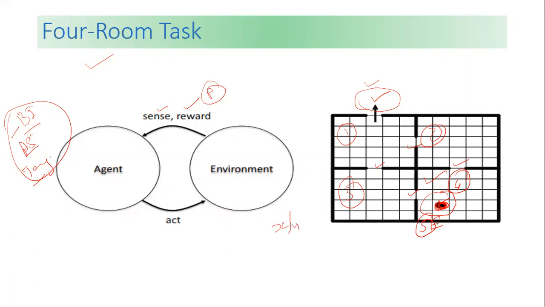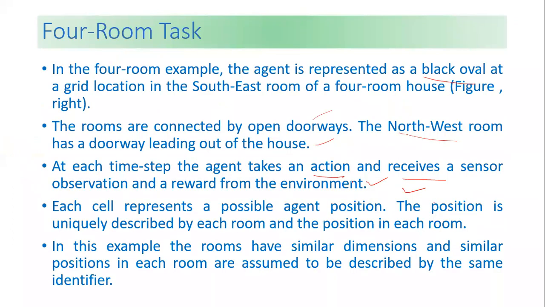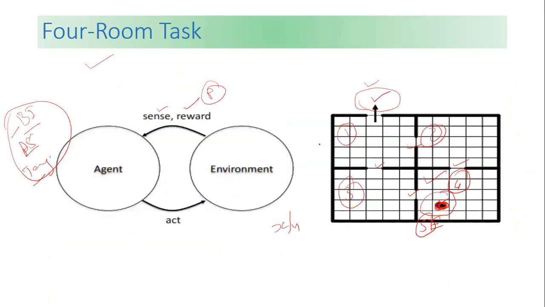In that room, the positions are predefined, and we already have the values of these positions. In this example we have similar dimensions and similar positions. What do dimensions mean? They are the size of this block.